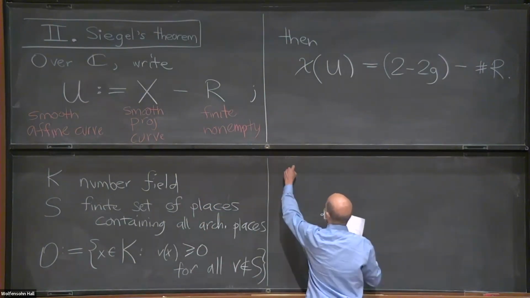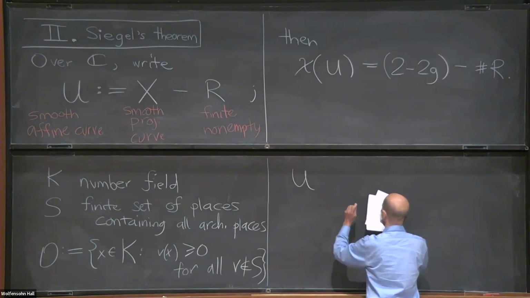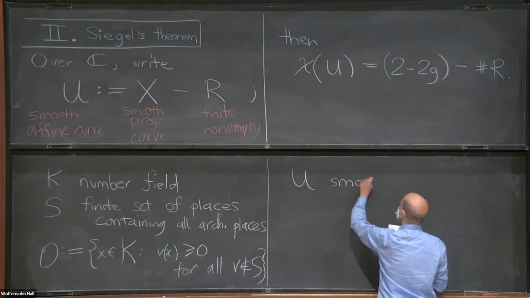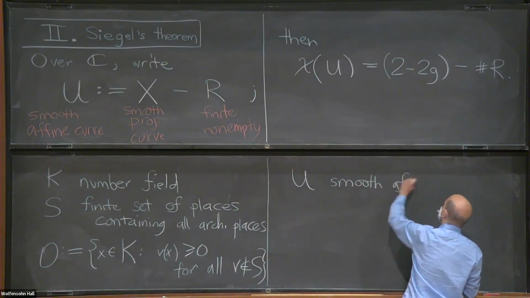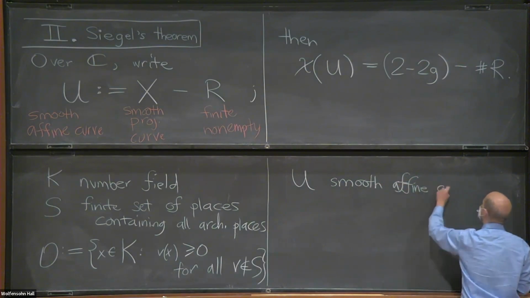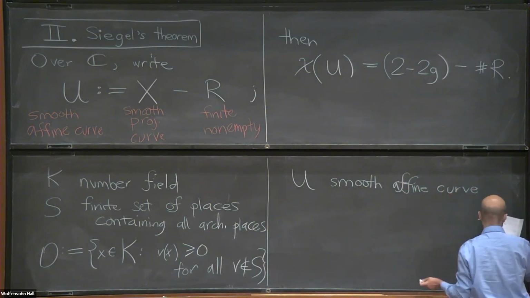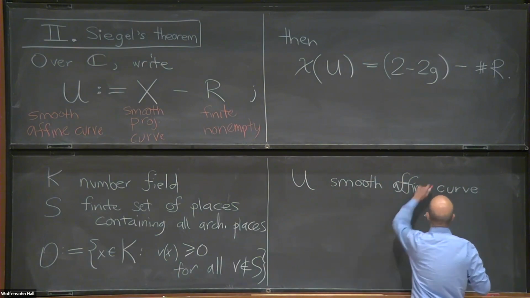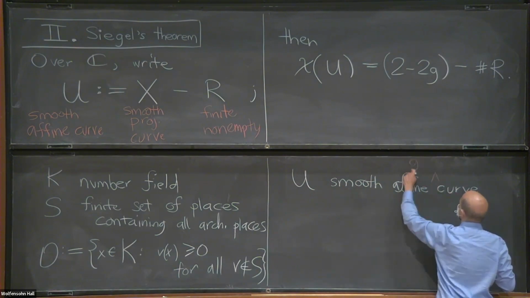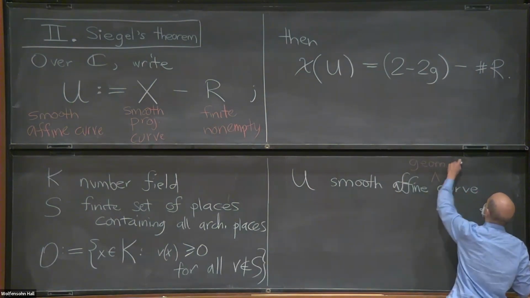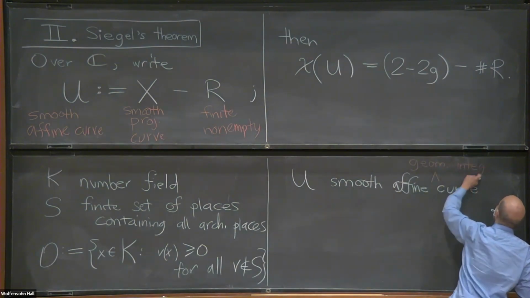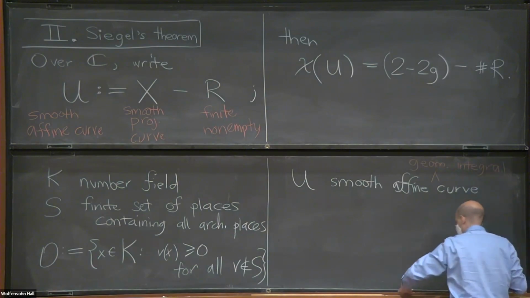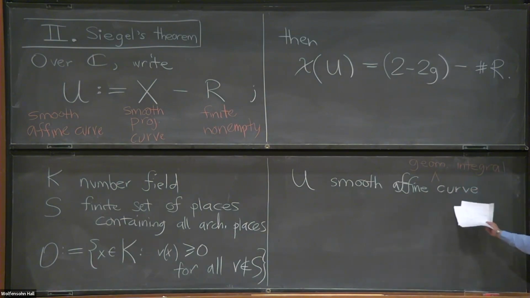This is going to be a slightly more general version of the question. Now we have a curve U, and U will be a smooth affine curve over K. All my curves are going to be geometrically integral; I'll just include that in my notion of curve from now on.